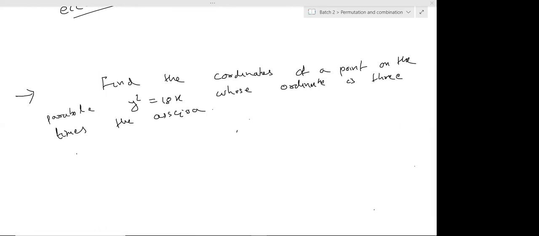Three times the abscissa. All right. The ordinate is 3 times the abscissa.